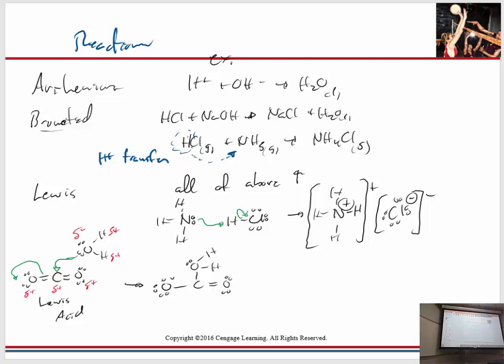Now, looking at the formal charges here, the formal charge on this oxygen is now negative. It's 2, 4, 6, 7 electrons. And the formal charge on this oxygen is positive.